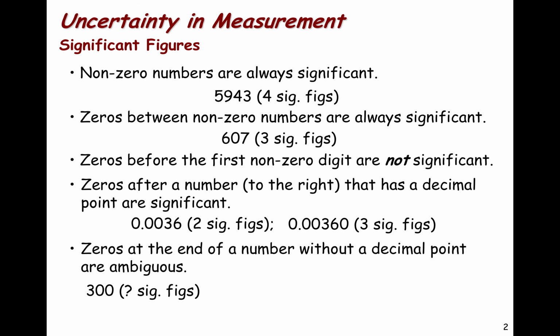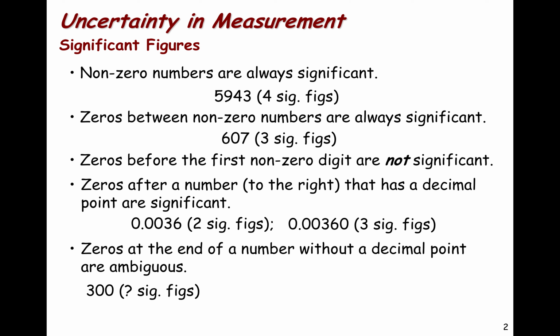Now, another little bit of ambiguity that arises is whether or not you have a number with a decimal point present. If you have a number with the decimal point present, that can have a different number of significant digits than if the decimal point is not present. In the example that's given here, we have 300 without a decimal point.